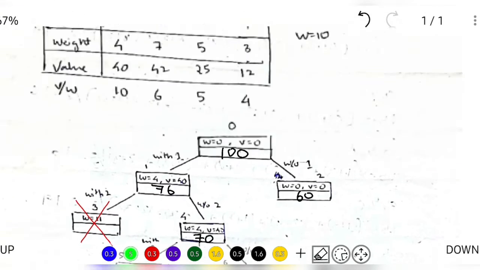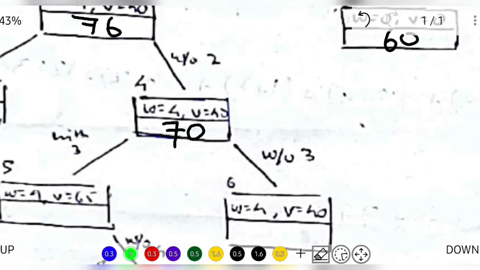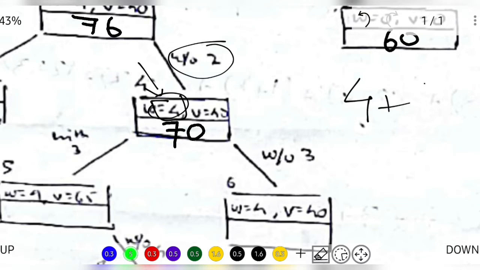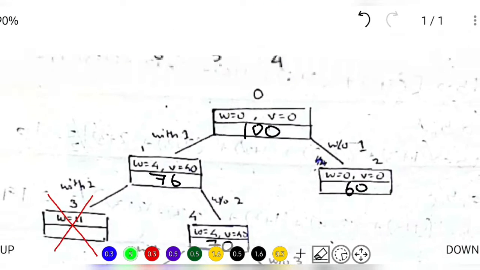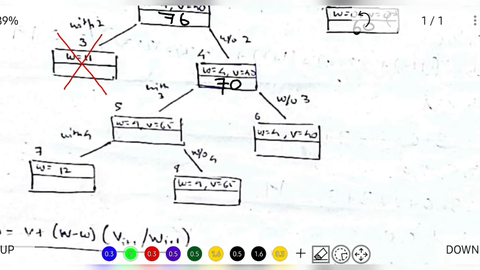If we include object 3, the initial weight is 4 here, because we have not selected object 2, only object 1 weight is there, 4. If we include object 3, the object 3 weight is 5 kilogram, so it will be 9. See here, we'll have the total weight as 9 kilogram.